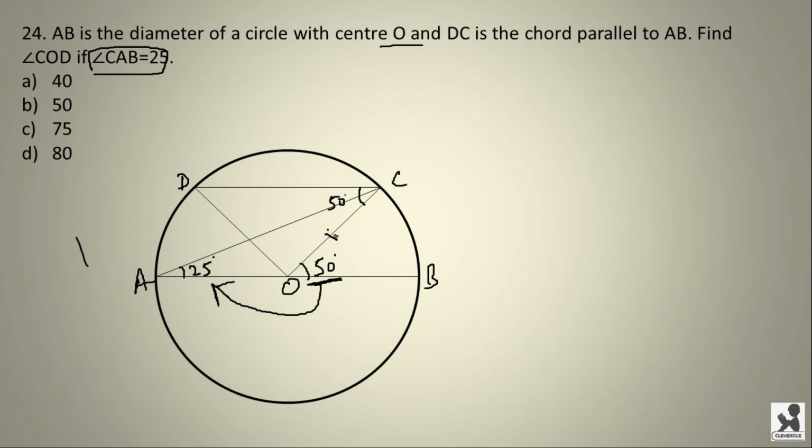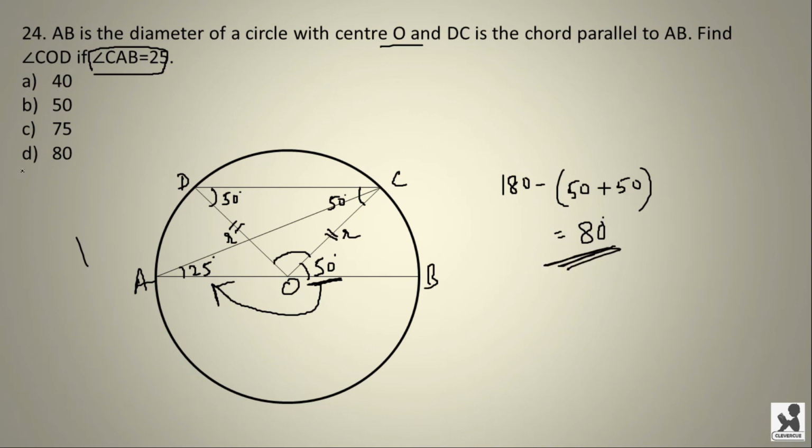Now since this is a radius and OD is also a radius, the triangle ODC is an isosceles triangle and hence this angle is also 50 degrees. Now this angle will be 180 minus (50 plus 50), which is equal to 80 degrees. So option D is the right answer.